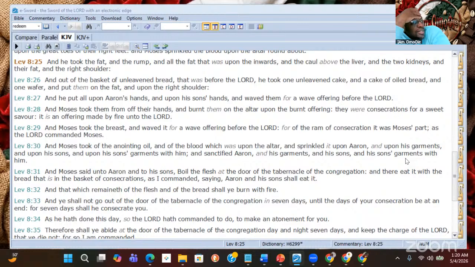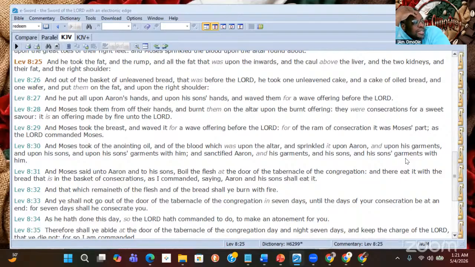And Moshe took of the anointing oil and of the blood which was upon the Mizbeach, and sprinkled it upon Aharon, and upon his garments, and upon his sons, and upon his sons' garments with him, and sanctified Aharon and his garments, and his sons' garments with him.